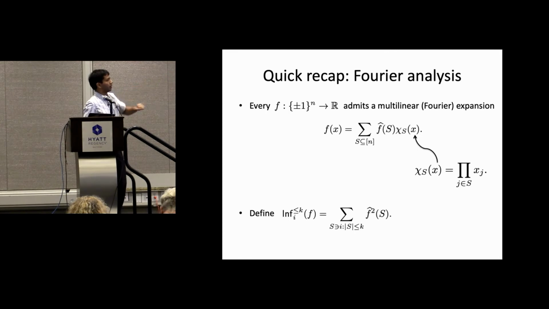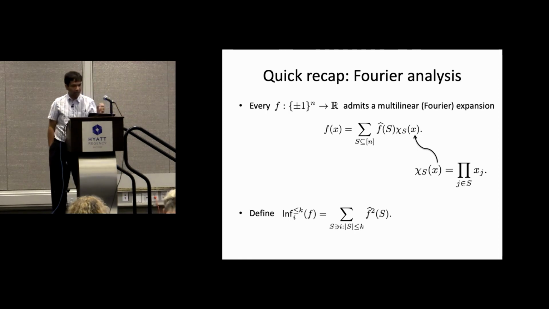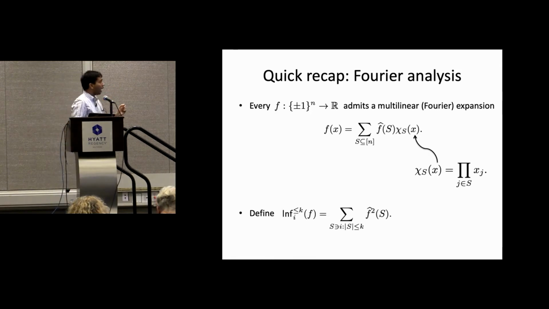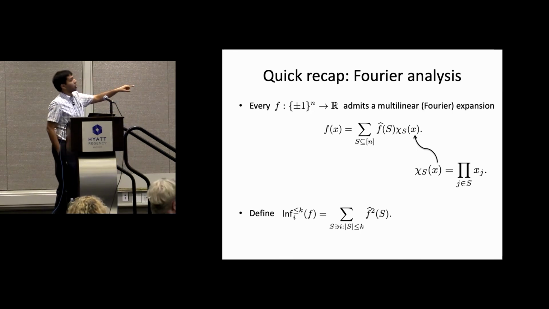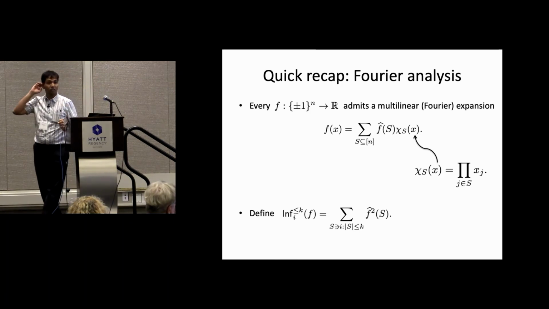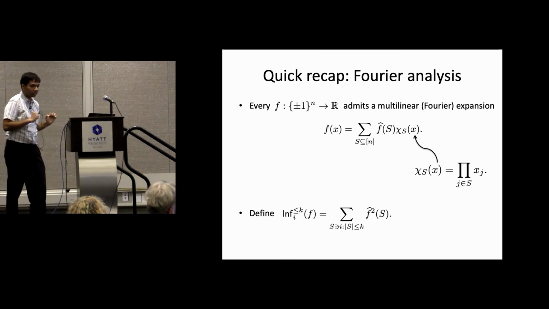There are 2 to the n such functions. And now the standard notion of degree k influence of a variable i in the function f is the sum of squares of all the Fourier coefficients f hat squared of s, in which i is included in the set S, and the set S is of size no larger than k. That's the standard definition.